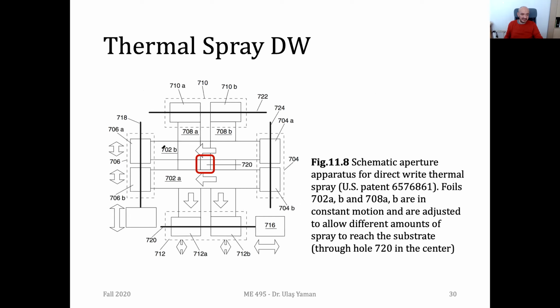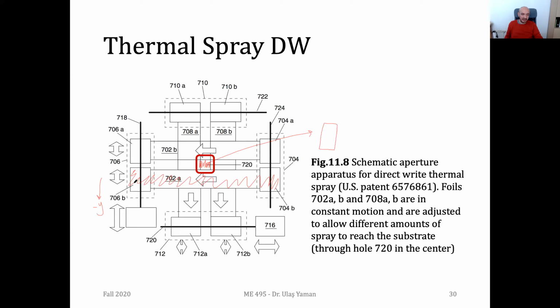So with the help of this part, these parts are moving. Let's focus on this one. It's moving in plus y and minus y direction. Assume that this is moving in minus y direction a little bit. And then what will be the size of this opening? Let me draw it here. It will be like this, right?